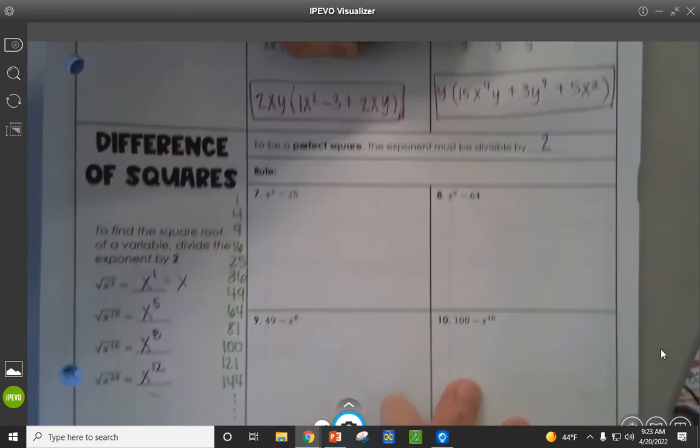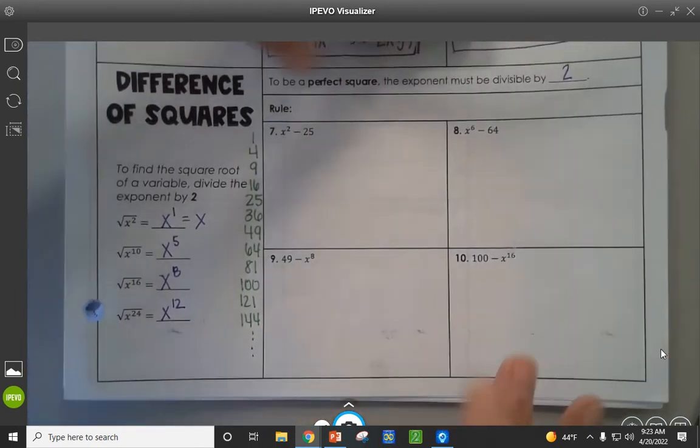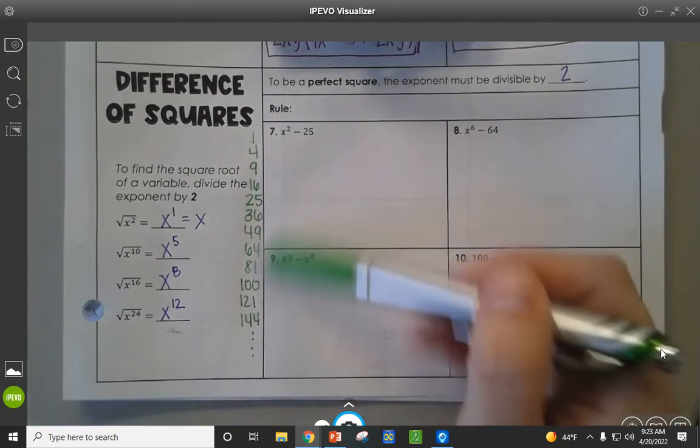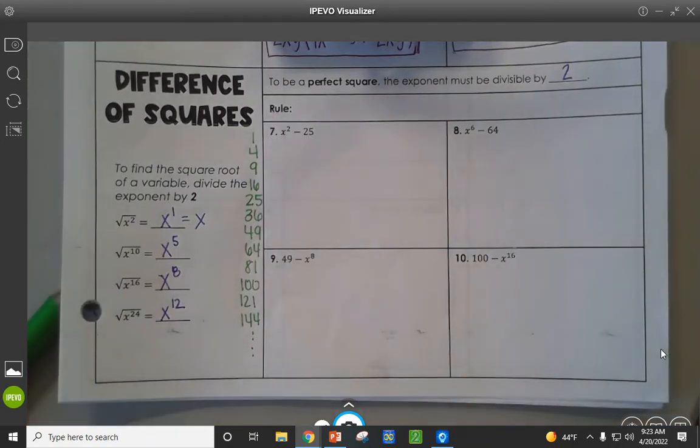Those are perfect squares. So you've got these numbers or variables that have an even exponent. Any of that is considered a perfect square.